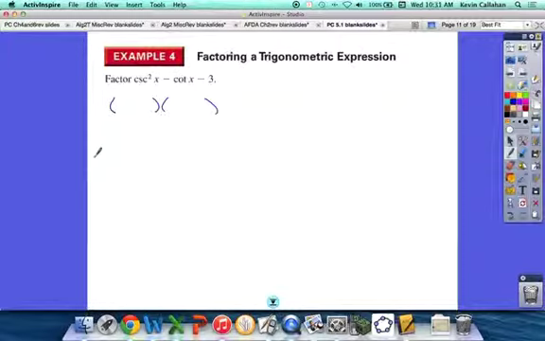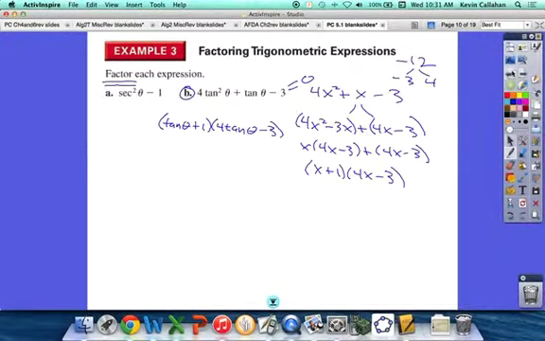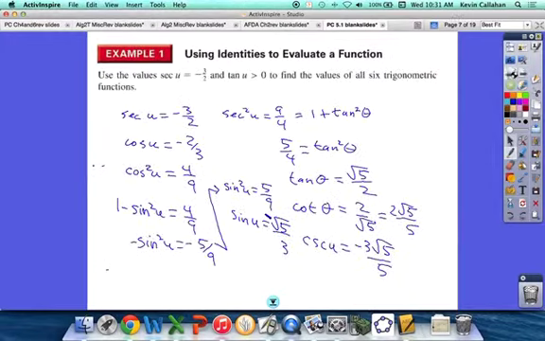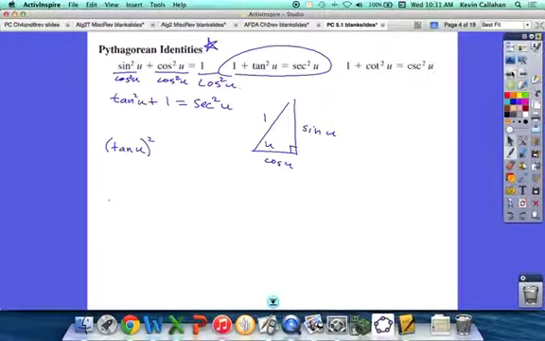So we need to make this an expression which only has one trig function. Okay, well, I've got cosecant squared, and I've got a cotangent. We go back to our identities. Here, there you go, Pythagorean identity. That's a substitution that we can use to go from cosecant squared to cotangent squared.